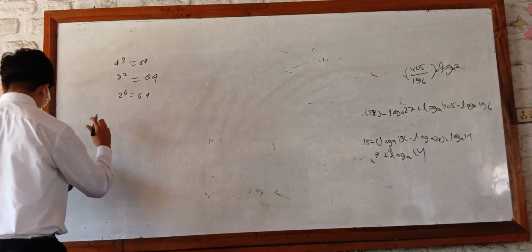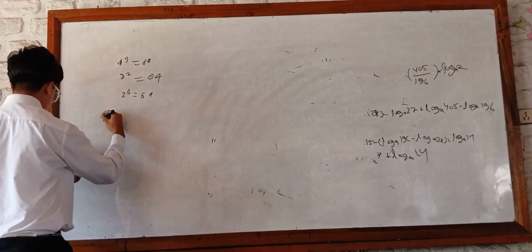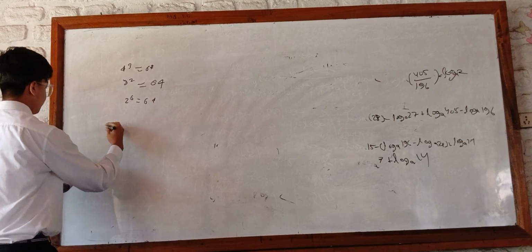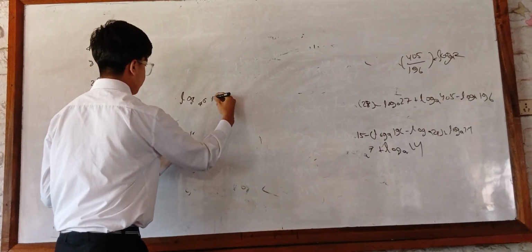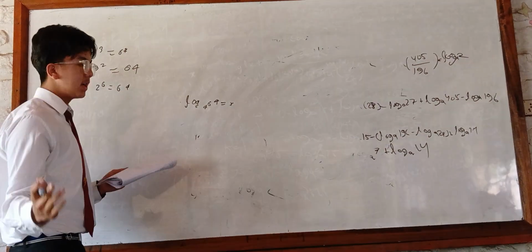And for the second point, if you are having a hard time doing logarithms, such as log base 4 of 64 is equal to x, some of you might find it hard to find x.